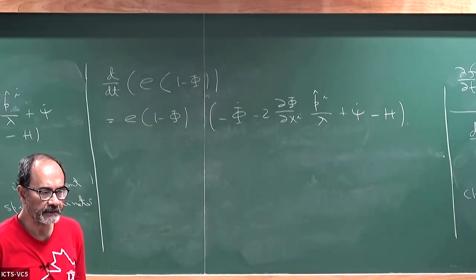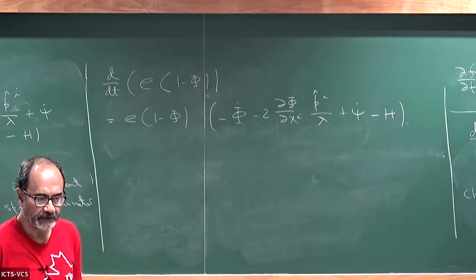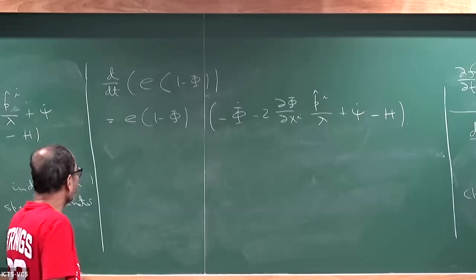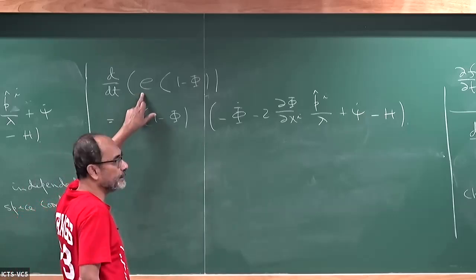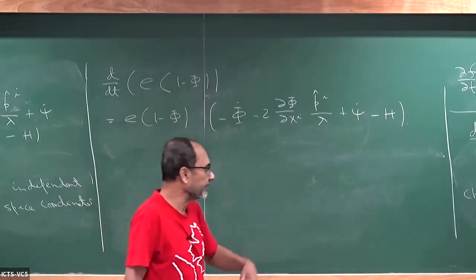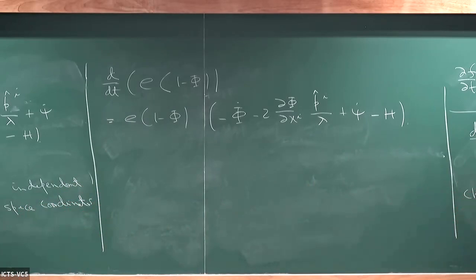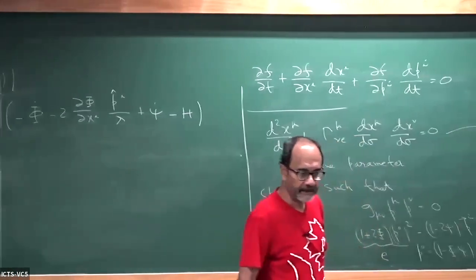Is it clear? This is just the motion of a photon in this background. That's all you are calculating. And this particular equation tells us how the energy of the photon is going to change as it moves. There are similar other equations which will tell us how the momentum changes as it moves and so on. But as I said, we don't need this right now.